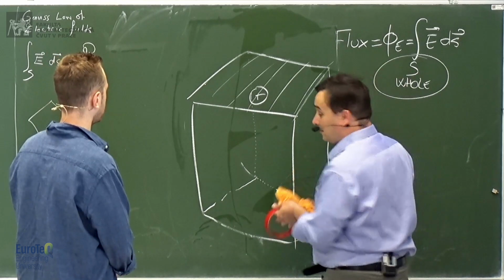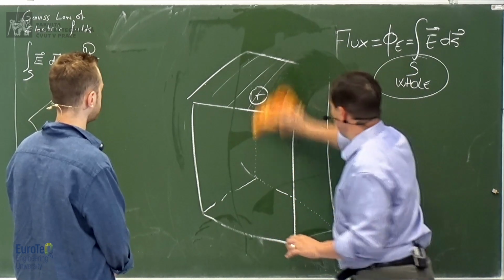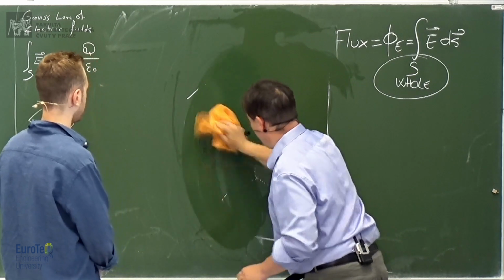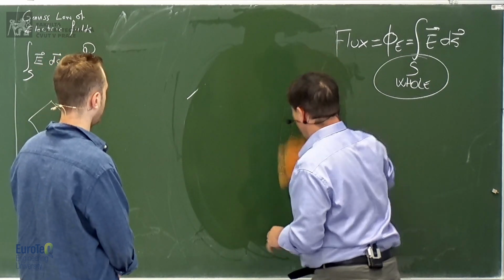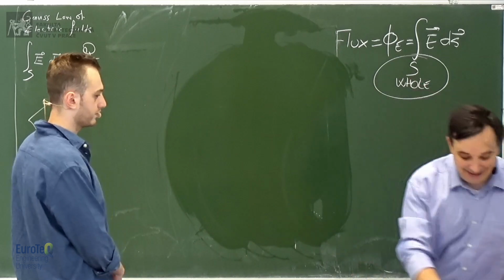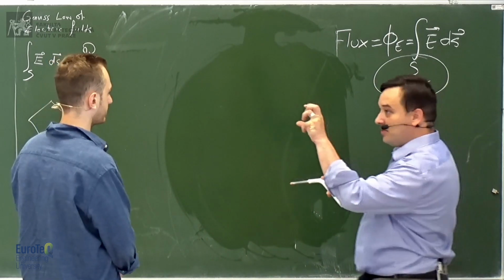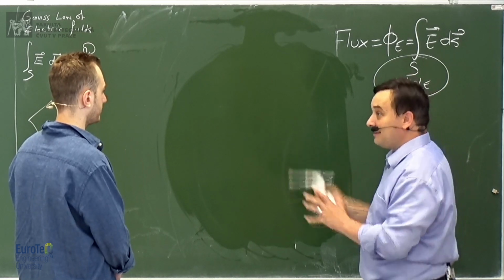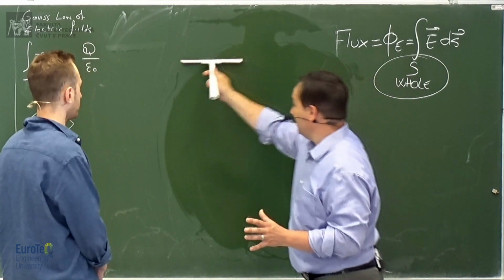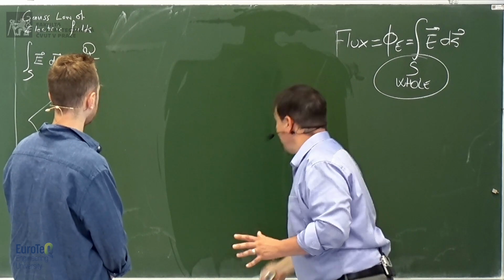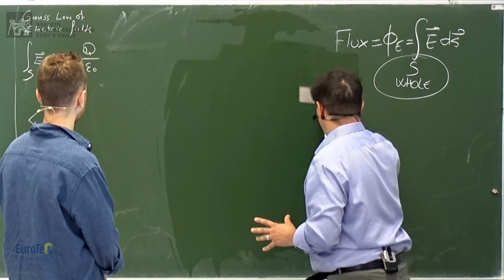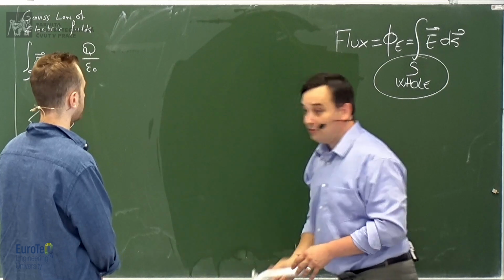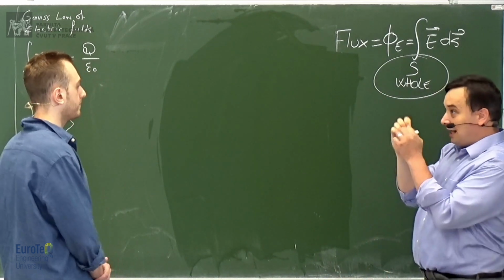This trick, however, applies only if the surface is closed. Because if the surface is closed, then you can say, okay, here it is bigger, here it is smaller, but somewhere the flux has to go out. You can have bigger or smaller flux, but in total, the charge is there.